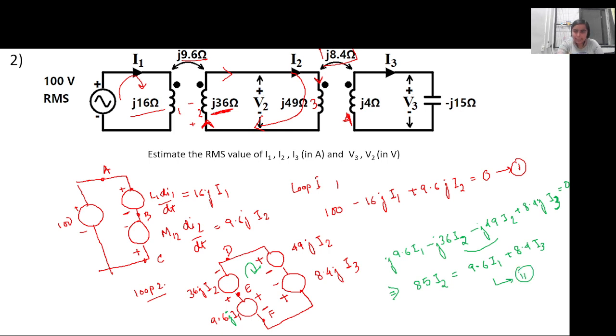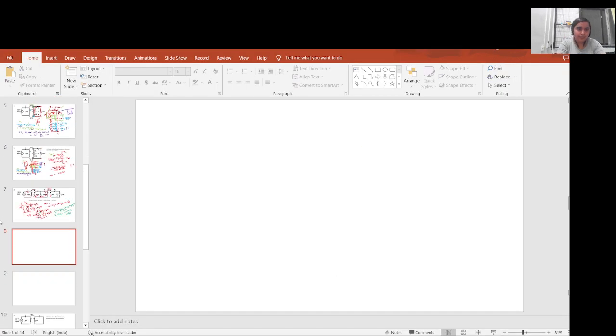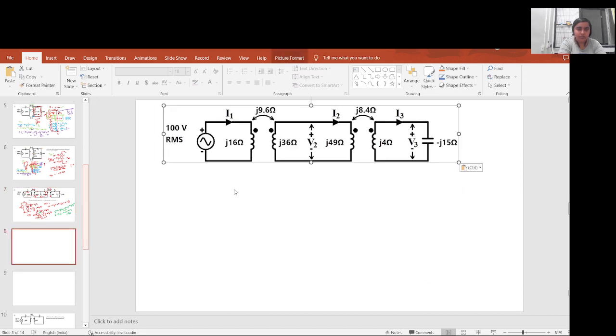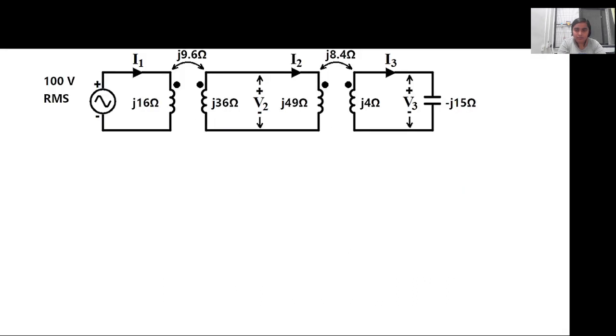This is fine, right? We need another equation because there are three variables, so we will get that from the third loop. I'll just copy the circuit. So for the third circuit, again we write the voltage drops.